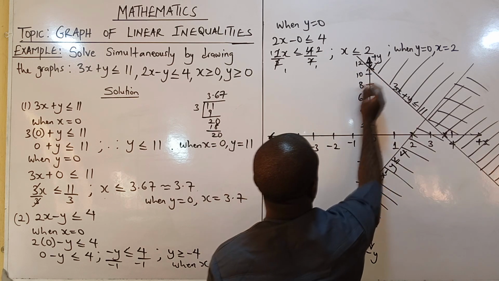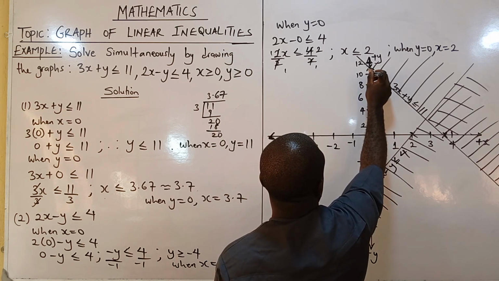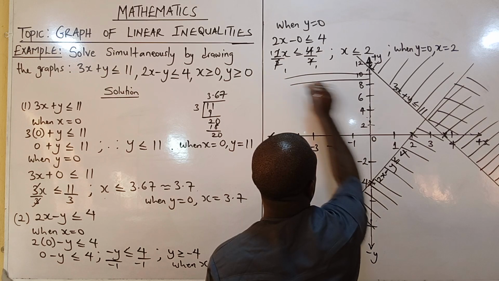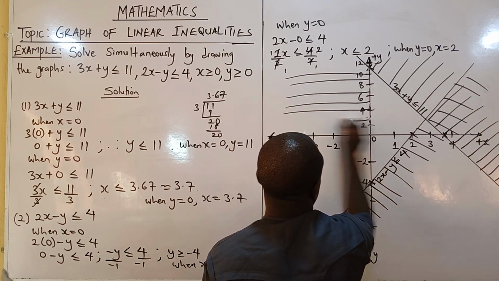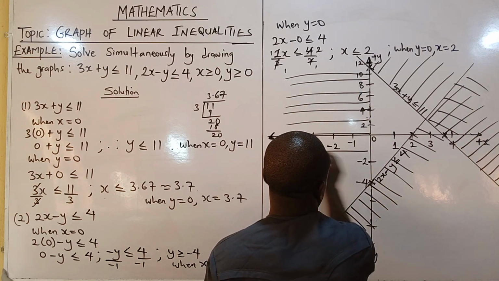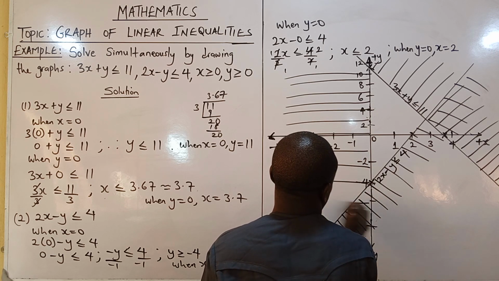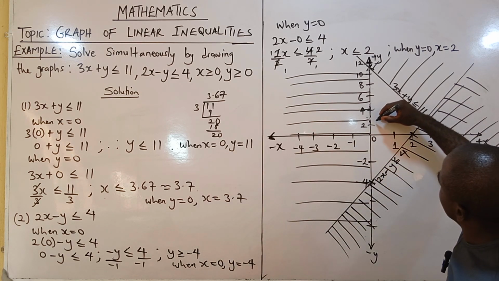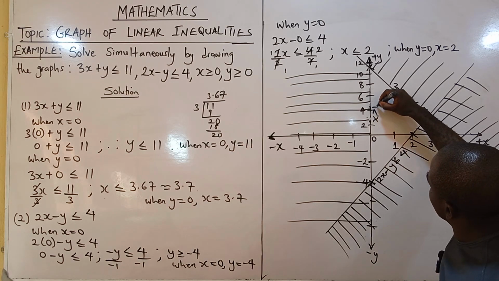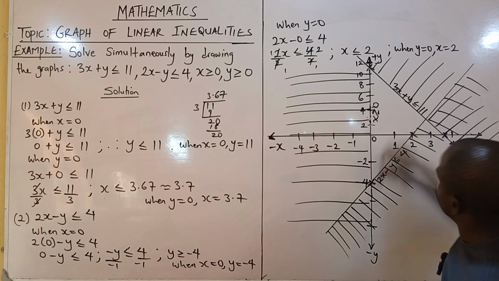This is the x-axis, you can see it. Now write it there: x greater or equals to 0.